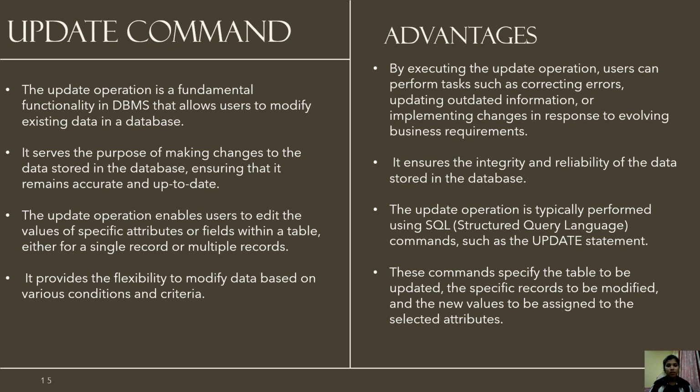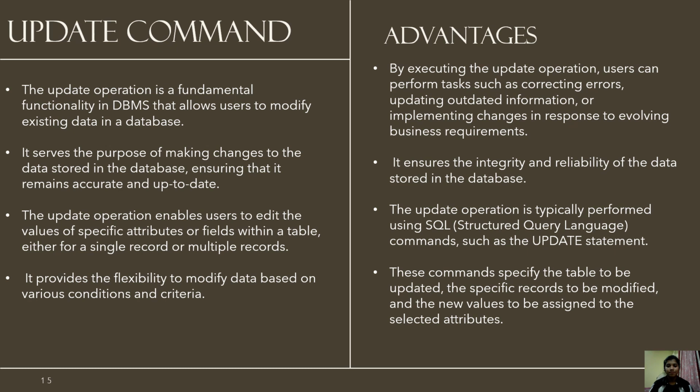It serves the purpose of making changes to data stored in the database, and it is useful in many ways. It ensures integrity and reliability, and we can frequently update any changes in the records. By executing the update operation, users can perform tasks such as correcting errors, updating outdated information, and implementing changes in response to business requirements.